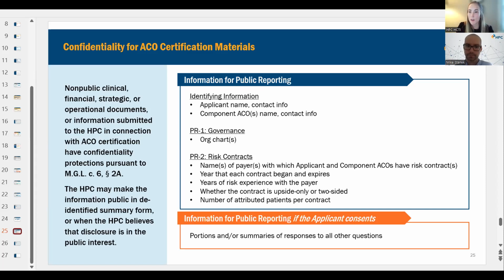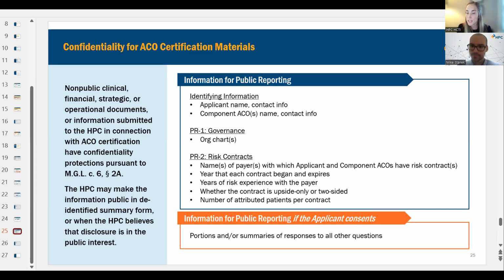Beyond that information, for all other information that's submitted for certification, the HBC will keep that information confidential, and that's what's shown here within the box. We'll keep that information confidential unless the ACO specifically consents to release of information. There's an opportunity in the application portal to offer that consent for responses to various questions on the application.